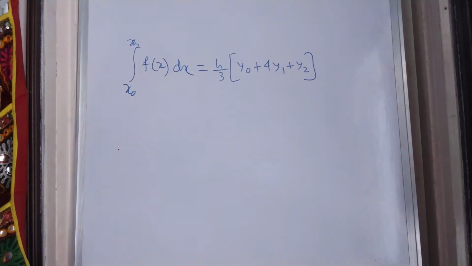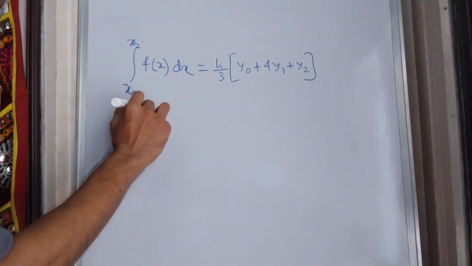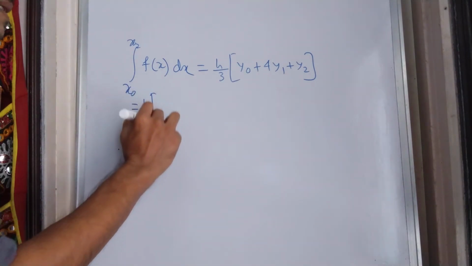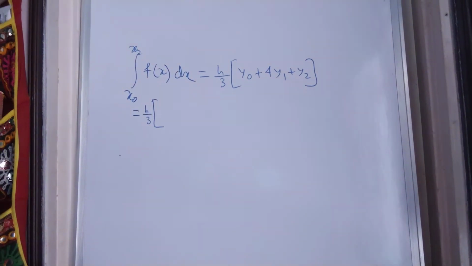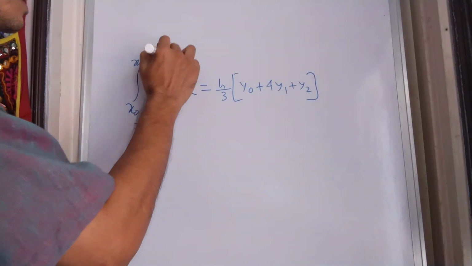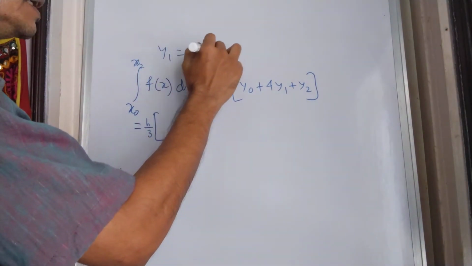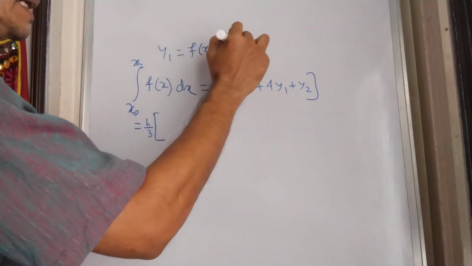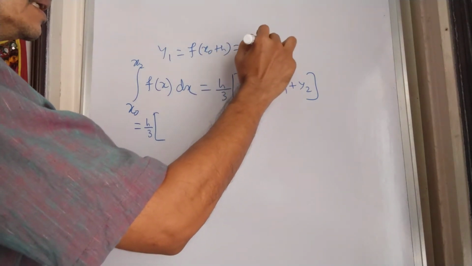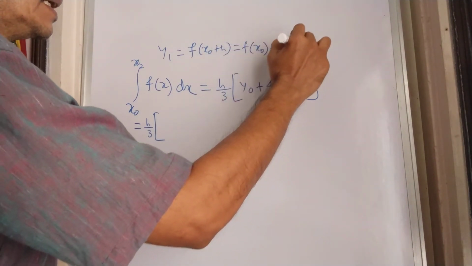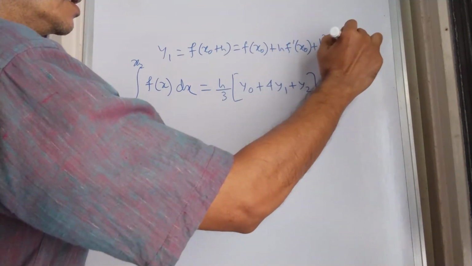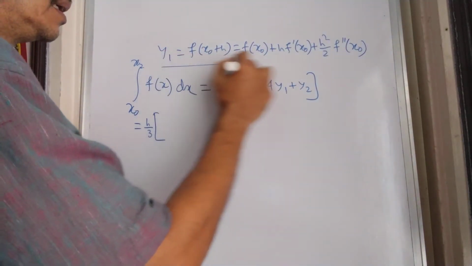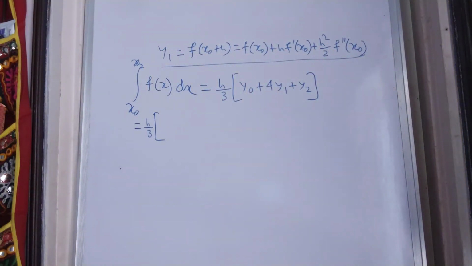Then, employing the so-called Taylor series expansion, we know that y1 is nothing but f of x0 plus h, and so it can be represented like this using Taylor series expansion. This is the expression of y1, isn't it so?